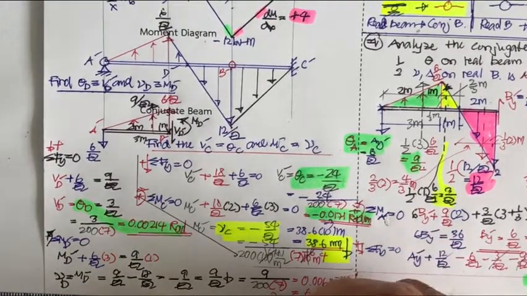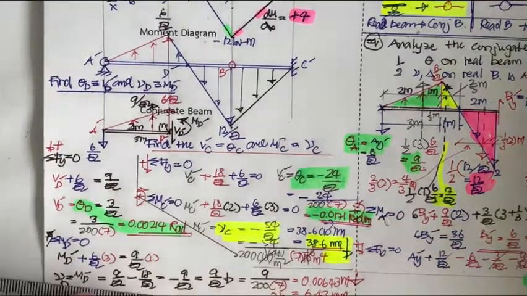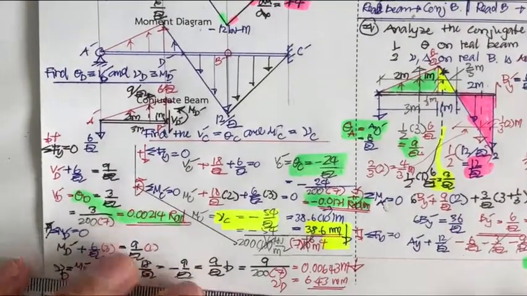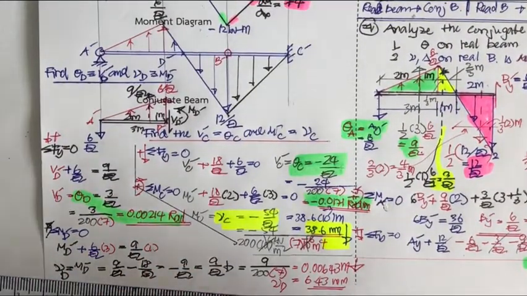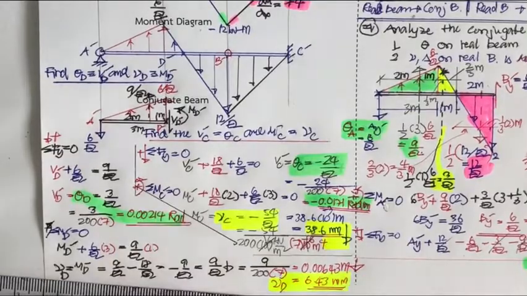That is going to be V sub D. That is going to be our last calculation, V sub D. Okay, now we put everything together.